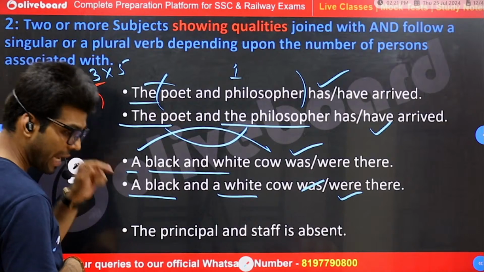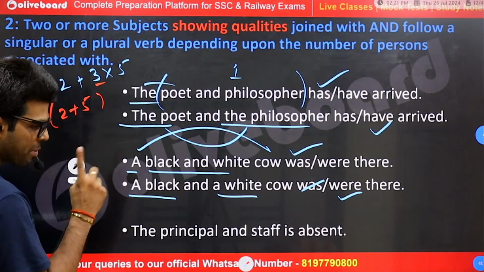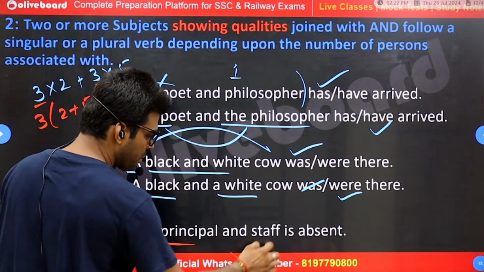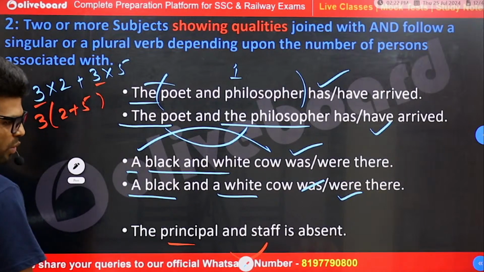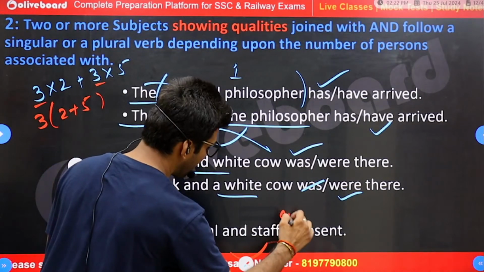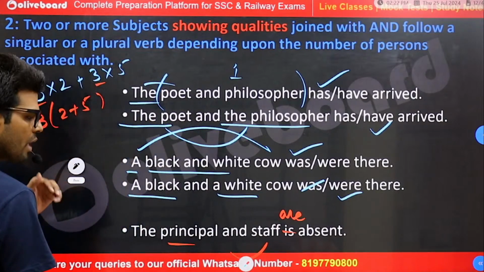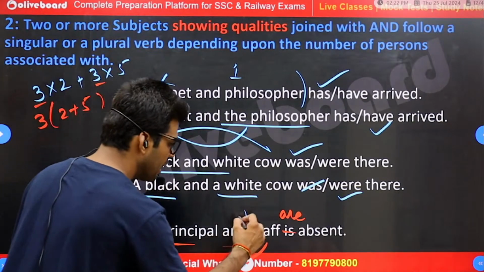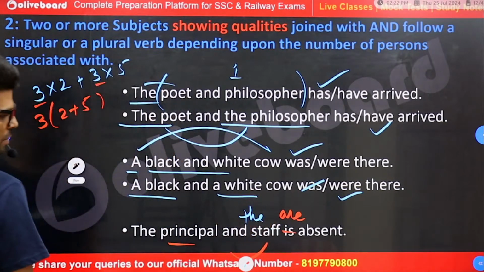I repeat, in any organization, generally, one person cannot be the principal and staff at the same time. So there have to be two people, for which we have to put a plural verb here. Articles won't work. The principal and the staff are absent.